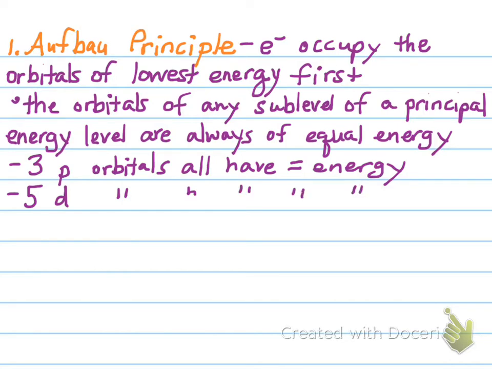Those are ditto marks, which is a way to save you writing some things in your notes, because it just means whatever's above it. And finally, the 7 f orbitals all have equal energy. That's all we're saying. There's no difference in energy, so it really doesn't matter which one of the p orbitals I put an electron into, they all have equal energy. Same thing is true for the d's and the f's.